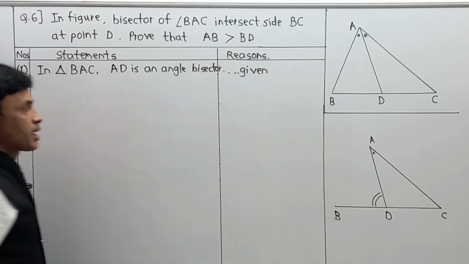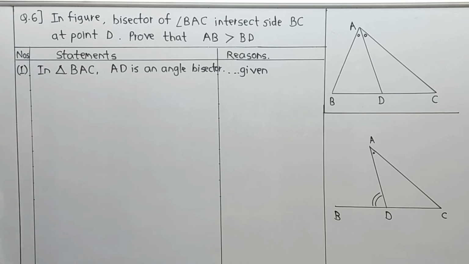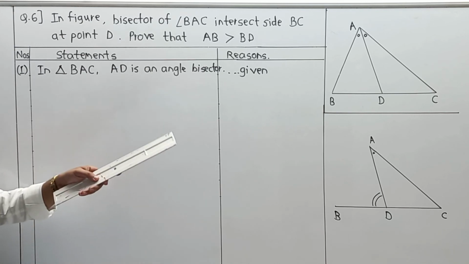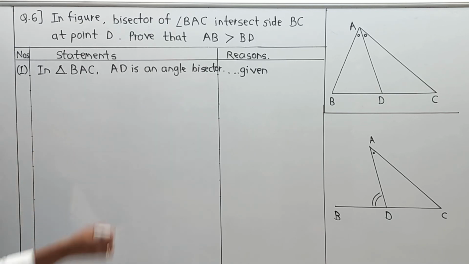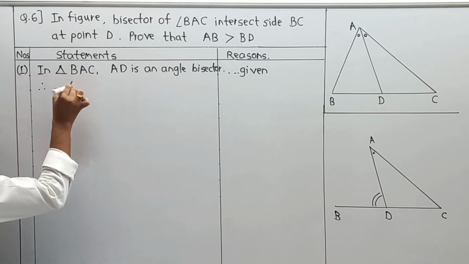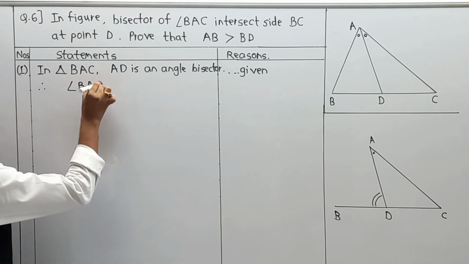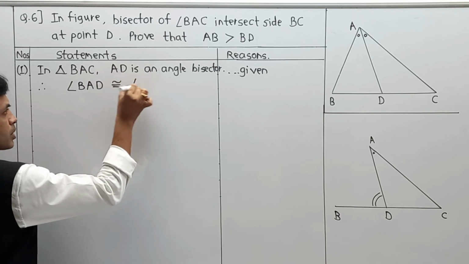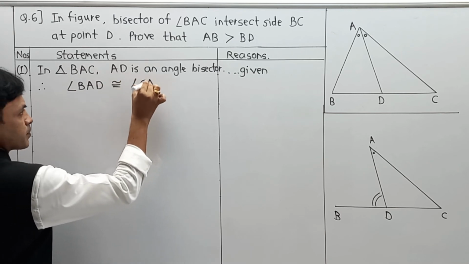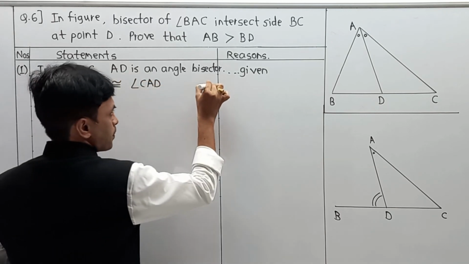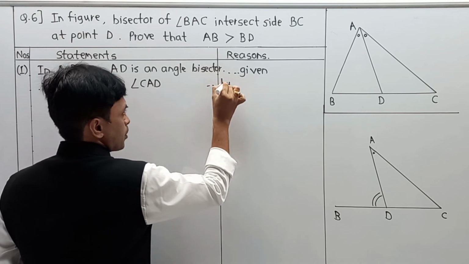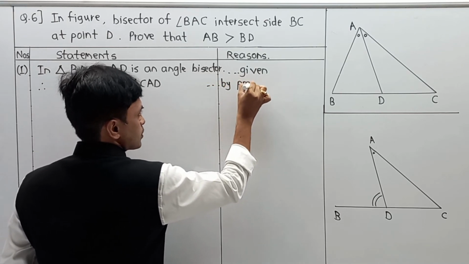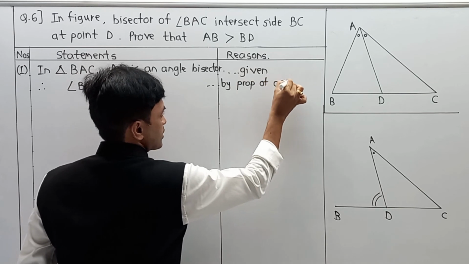Now next part, as AD is an angle bisector, so we can write angle BAD equal to CAD. Therefore, angle BAD is congruent to angle CAD by property of angle bisector.